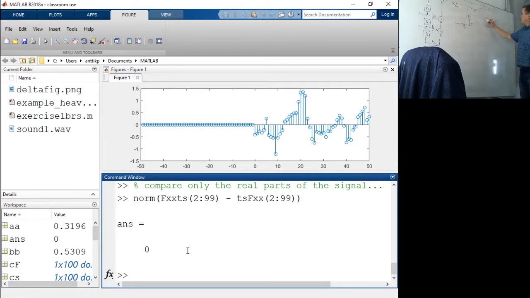Okay, now A's and B's. A0 is always the multiplying factor for y of n, almost always 1. This here is A1. Where are A2 and A3? Well, they are zeros, plus 0 times y of n minus 2 plus 0 times y of n minus 3. But usually you don't need to care about those.